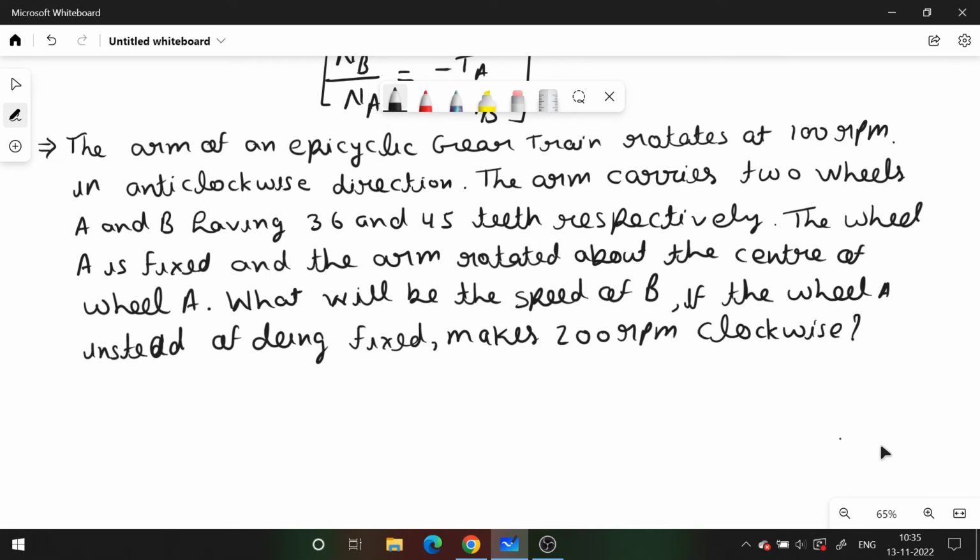The arm of an epicyclic gear train rotates at 100 rpm in clockwise direction. The arm carries two wheels A and B having 36 and 45 teeth respectively. The wheel A is fixed and the arm rotates about the center of wheel A. What will be the speed of B if the wheel A, instead of being fixed, makes 200 rpm clockwise?